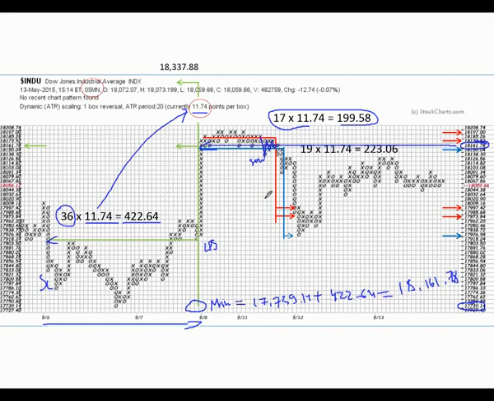Then after we started to break down, and we had another sign of weakness, we had one last push-up, a one box reversal, so we can take that count across. That gives us 19 boxes, a count of 223 points, and that actually took us to the low of 17,915. Or maybe that's 17,926.